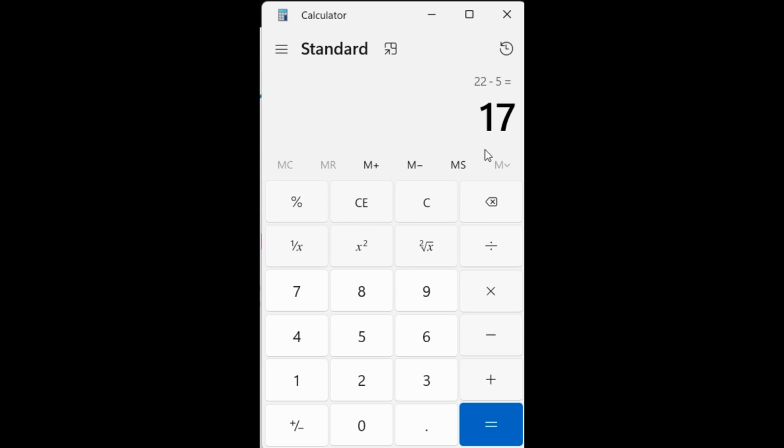Now, this is incorrect because this type of calculator works in what's called immediate execution mode. As soon as I type 14 minus 3 and hit multiply, look what it did. It's already subtracted 3 from 14.